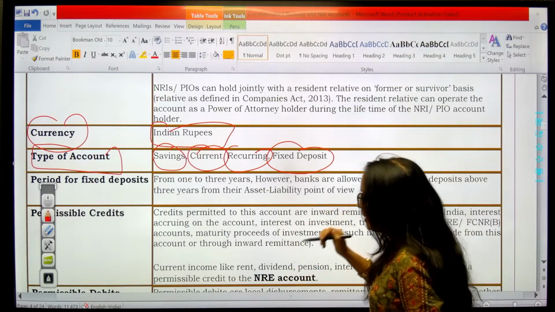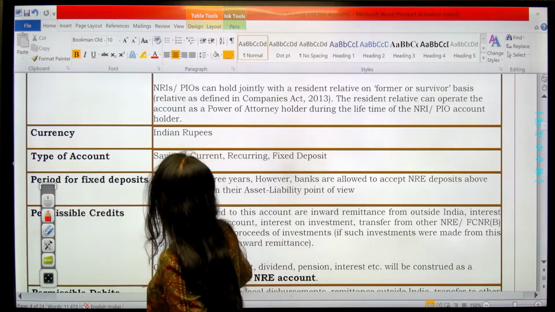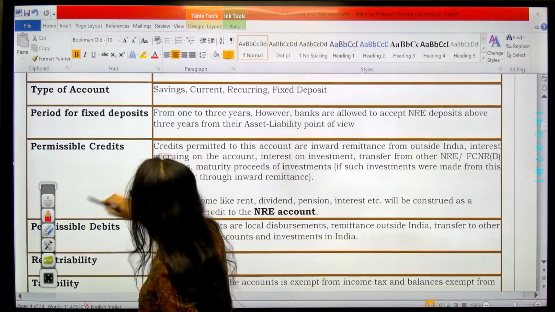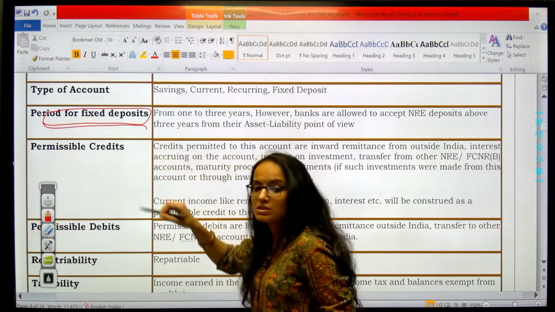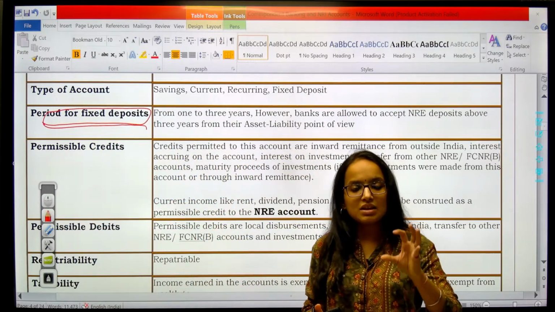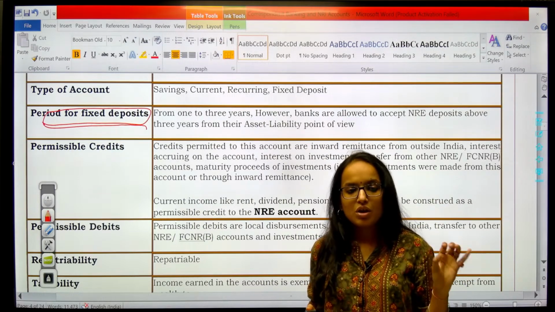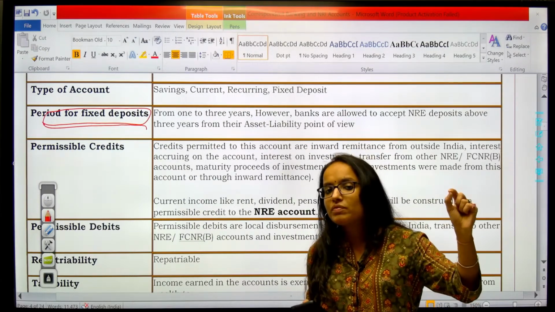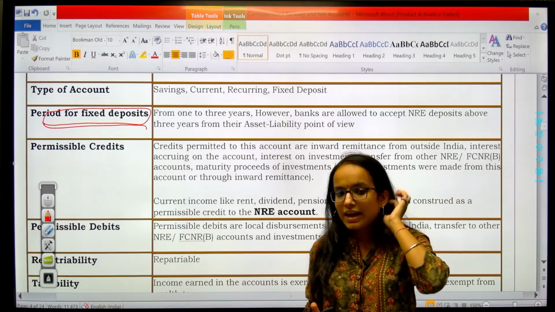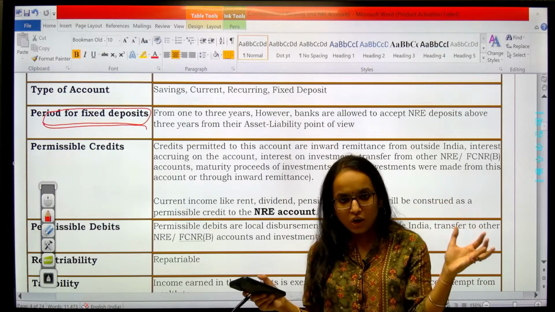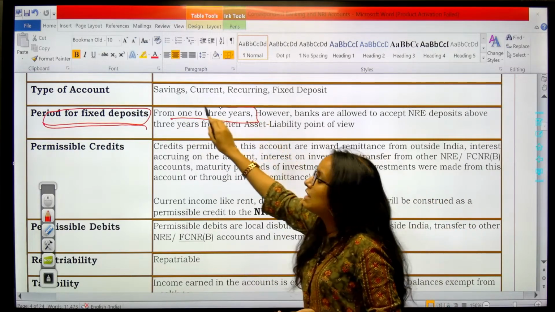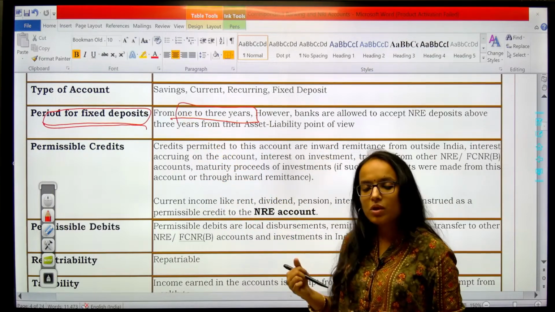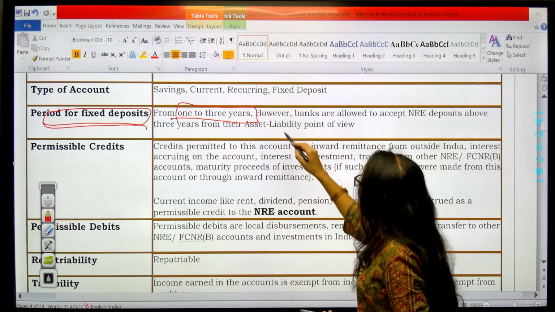Next criteria regarding NRE account is the period of fixed deposits. If it is a fixed deposit type of account, what will be the period of that fixed deposit? It has to have a maturity period, a lock-in period. Broadly, from 1 year to 3 years.